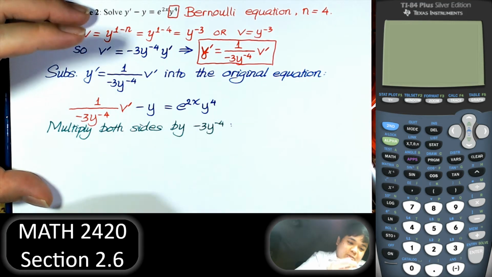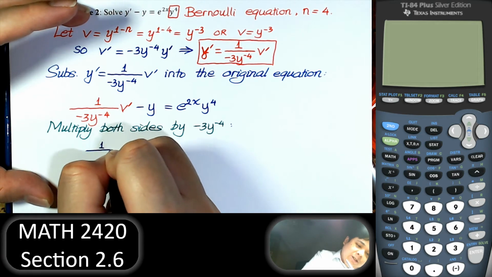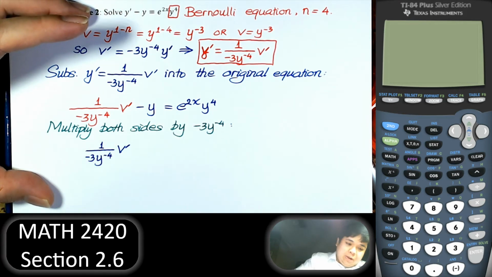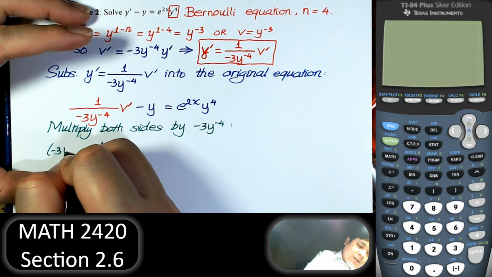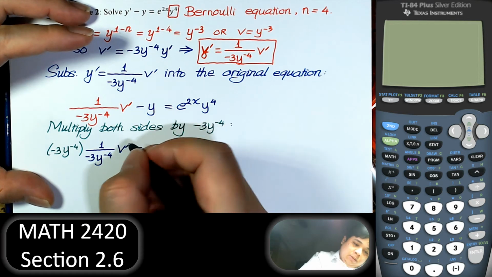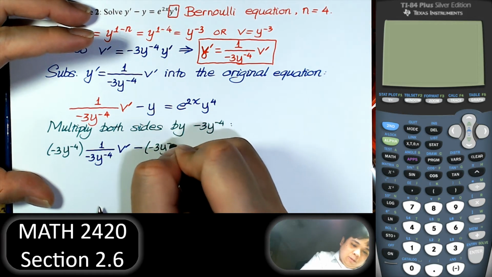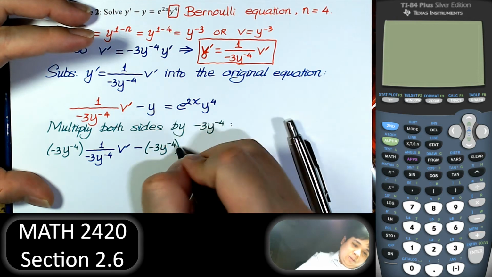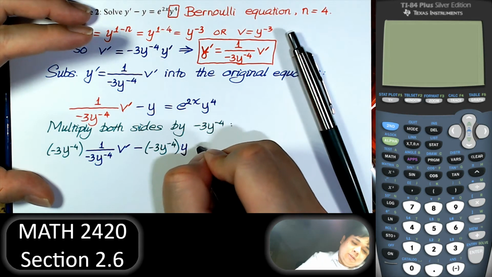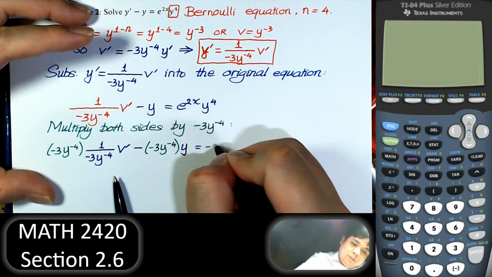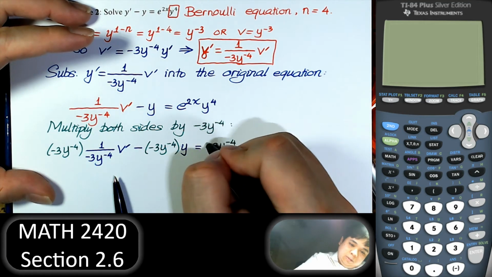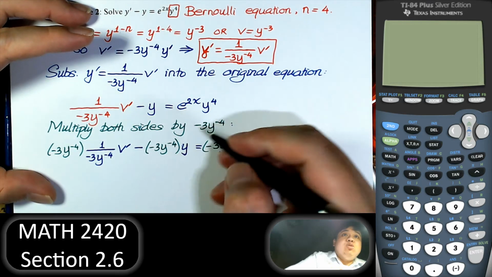Since we have the whole page here, we just do that. So multiply that on both sides.